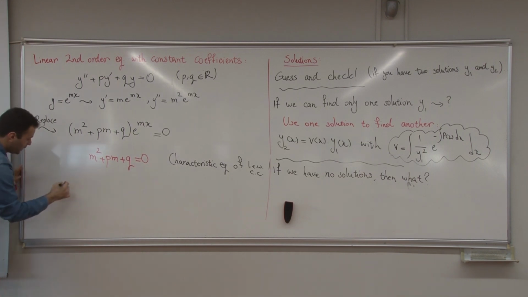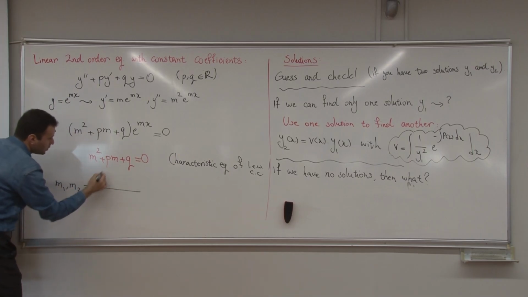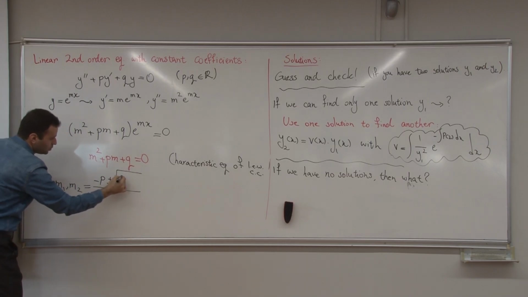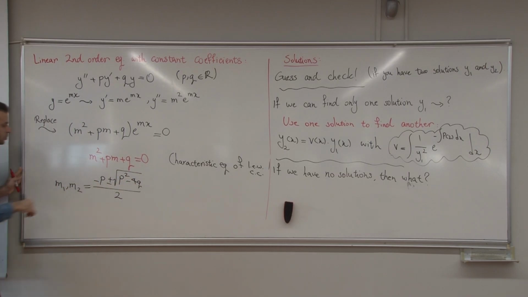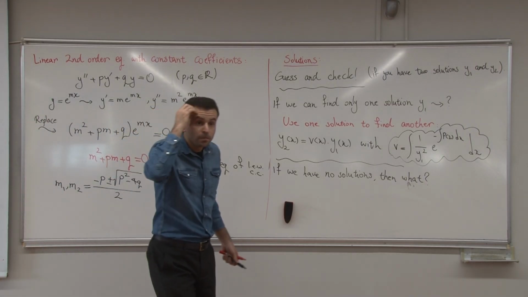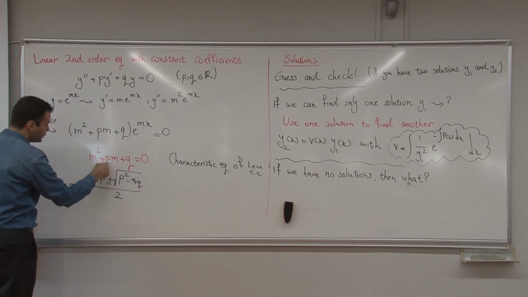How can I find my m1 and m2? m equals minus p plus or minus the square root of p squared minus 4q, divided by 2. This is our delta for this equation.